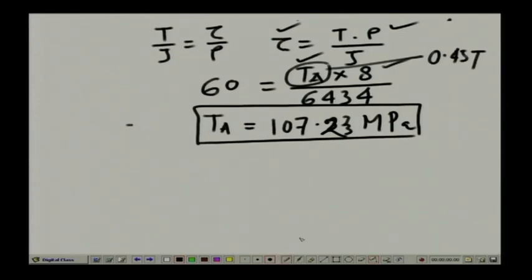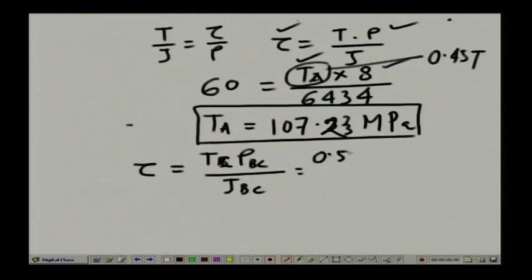Now, from the part BC again we can say tau, the shear stress, which is limited to 60 MPa, is equal to T_C rho_BC by J_BC. Now, T_C is equal to 0.55 times T, rho_BC is equal to 10 and J_BC is equal to 15708.